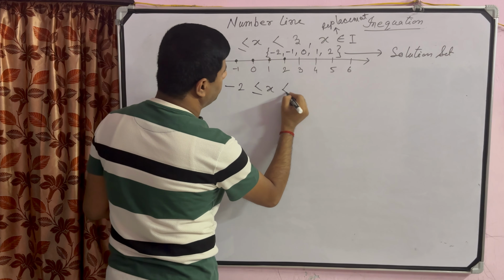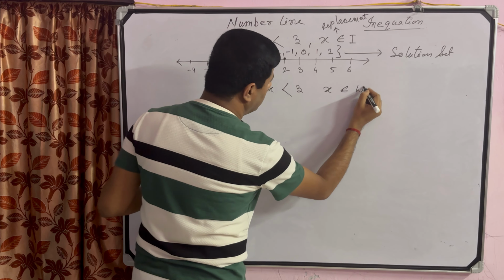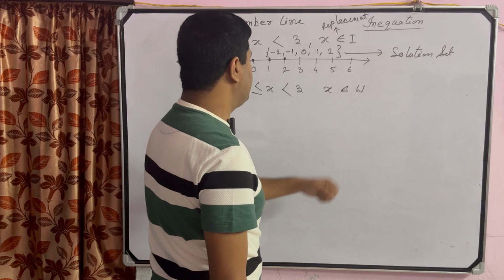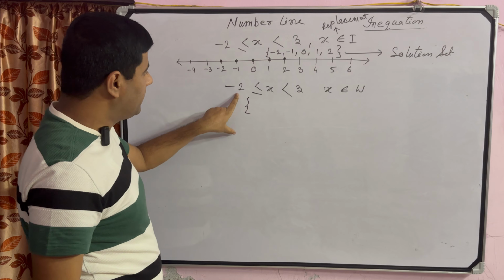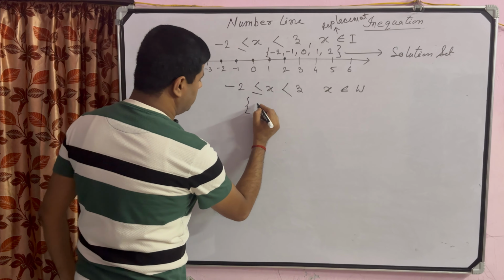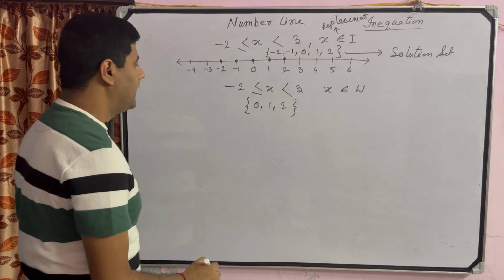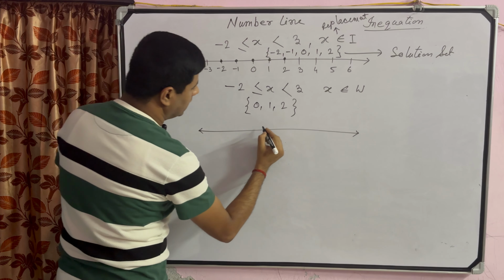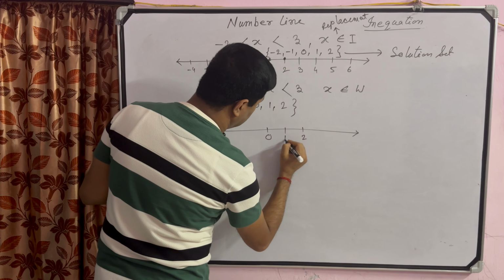Have a look, and I'm saying x is an element of whole number, per se, right? So in case of whole number, this is the replacement set. So what will be my answer? All the whole numbers greater than or equal to -2 and less than 3. So the answer will be 0, 1 and 2 only. Why? Because negative numbers are not whole numbers. And what will be the graph? The graph will be 0, 1 and 2 colored.